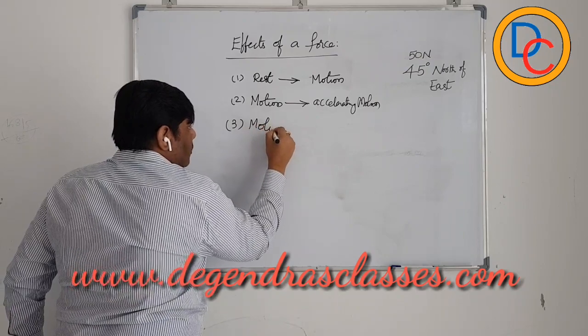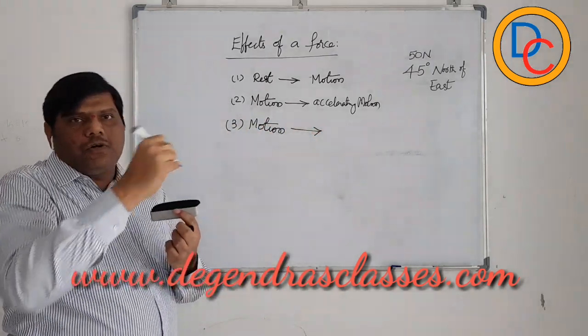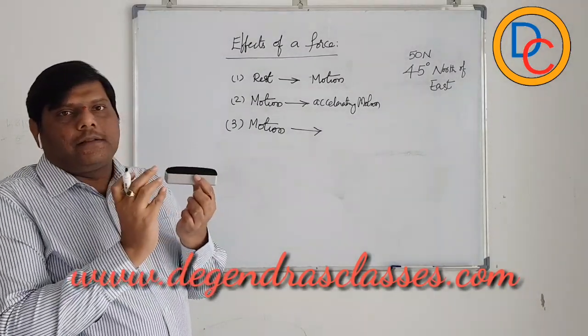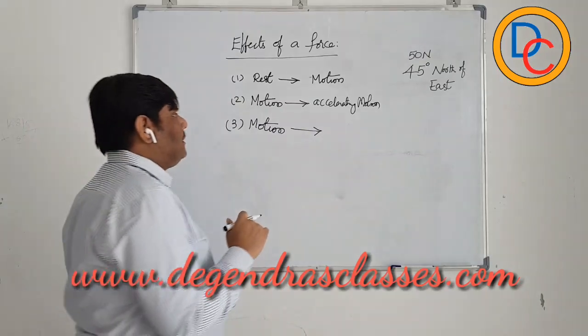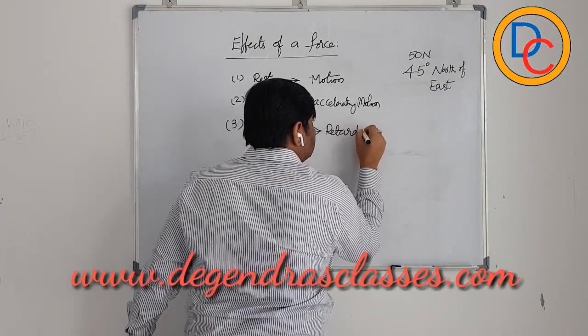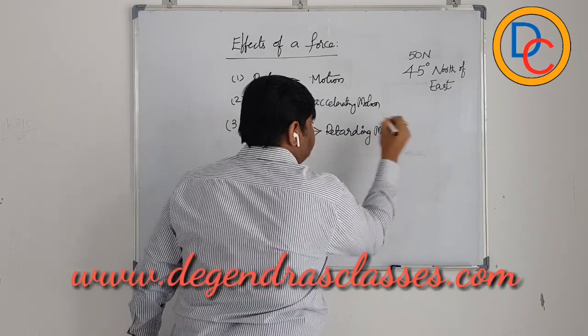Already the body is in motion and because of this force application, it is decelerating, that means retarding the motion. This is the third effect we can consider. Retarding motion.